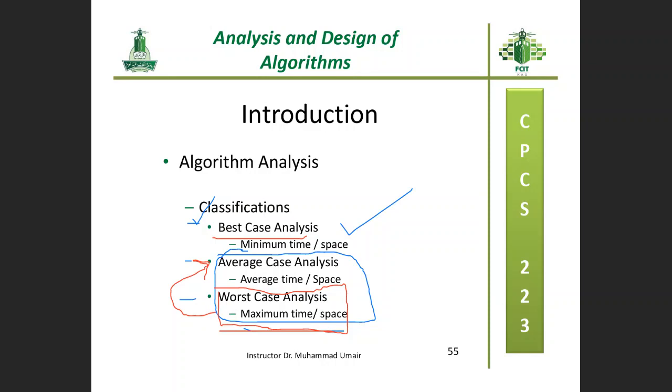Otherwise, two scenarios are more than sufficient to describe the algorithm's efficiency completely. Analyze the algorithm with the best scenario and with the worst scenario. Is it clear? Any question till now?